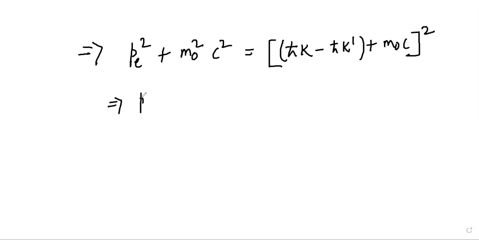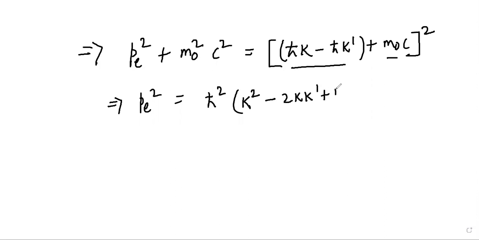So I'm rewriting it for p squared. I will write h bar squared and open this whole thing. This is considered to be a and this is b, a plus b whole squared. That way you can write. So h bar can be taken common: h bar squared, then k squared, then (k minus k prime) whole squared, so minus 2k k prime plus k prime squared, right?